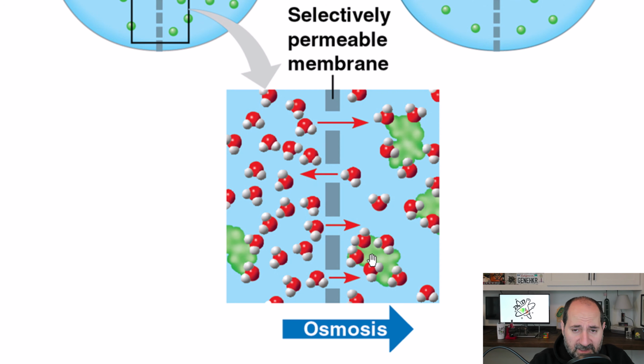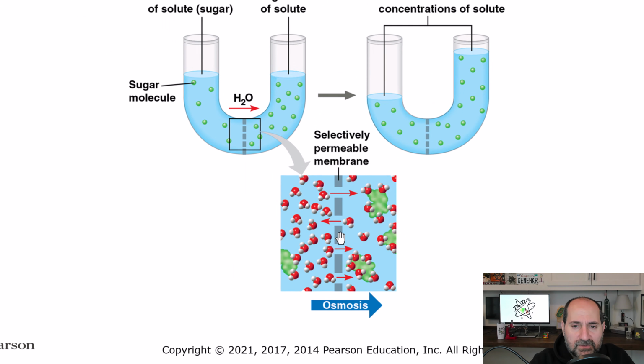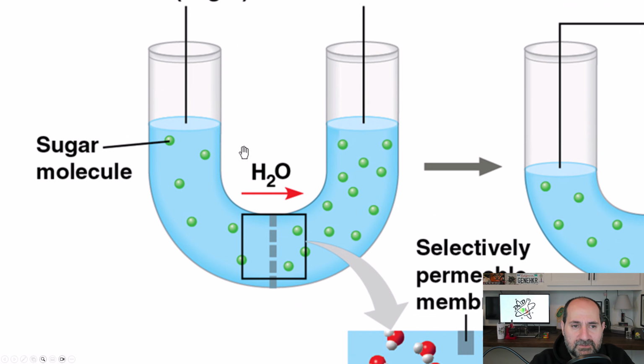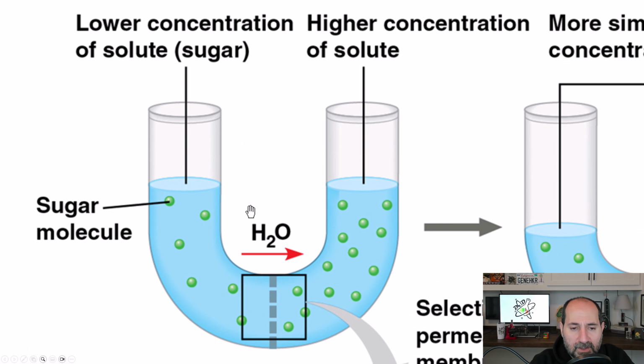And when solute cannot cross the semi-permeable membrane, and only water can, this becomes an osmosis problem. And remember, for osmosis problems, this is very important: water will diffuse from where water is more concentrated to where water is less concentrated.